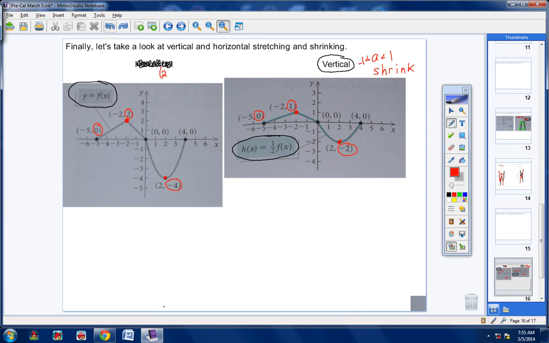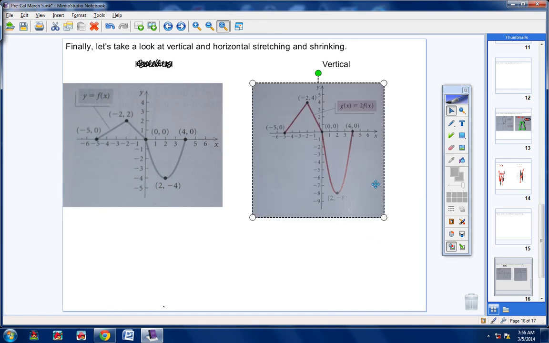Pretty much these two situations, vertical and horizontal stretching and shrinking, are opposites of each other for the most part, if not completely. So because you multiplied f of x by what? Look right here, 1/2. That influenced all the y values by 1/2. So all the y values were multiplied by 1/2. Now let's go ahead and take a look at the situation with another graph. So let's say this is gone.